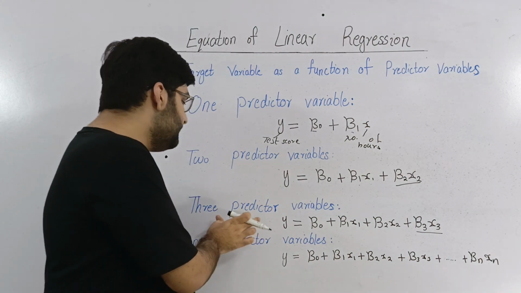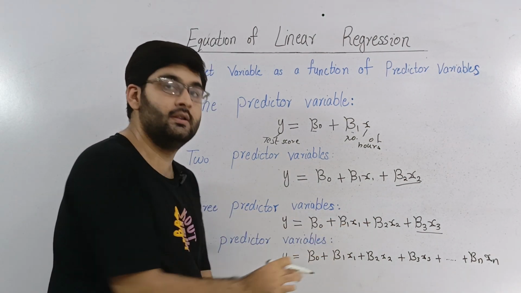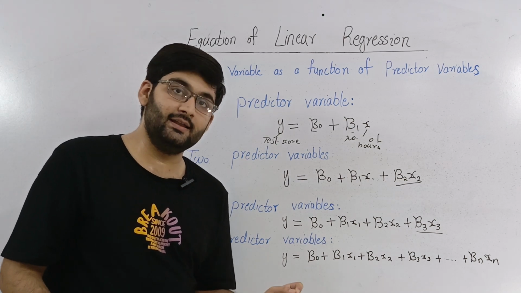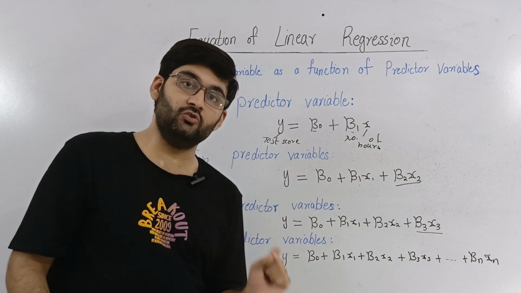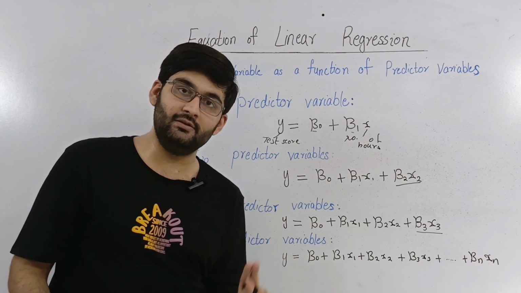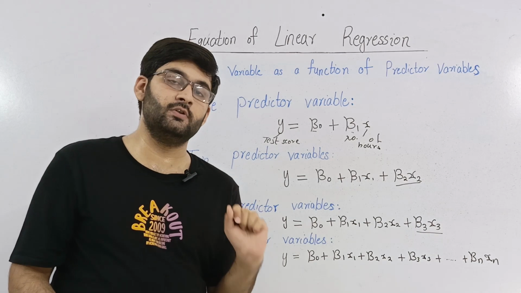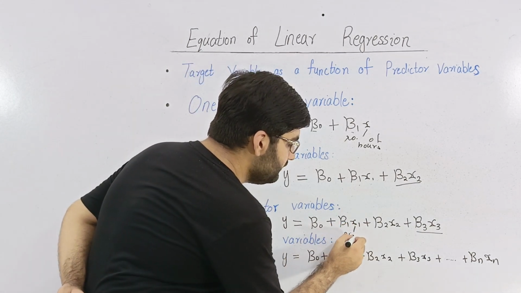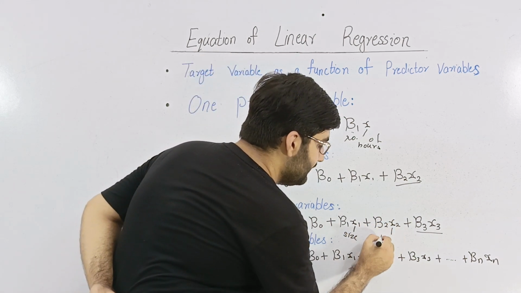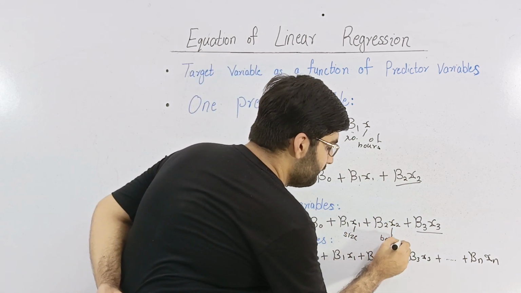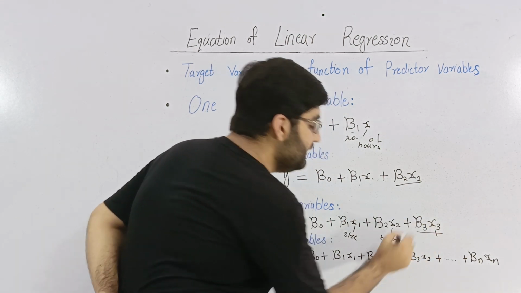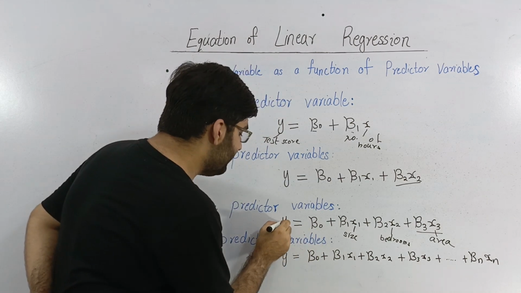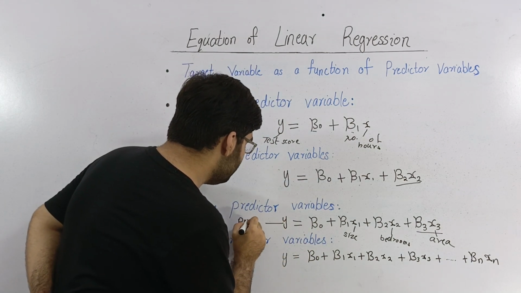To make sense of this equation, let's consider the other scenario in which we were predicting the house price based on the size, the number of bedrooms, and the age of the house. So suppose that x1 represents the size of the house, x2 could represent the number of bedrooms, and x3 could represent the age of the house, and then y would represent the price of the house.